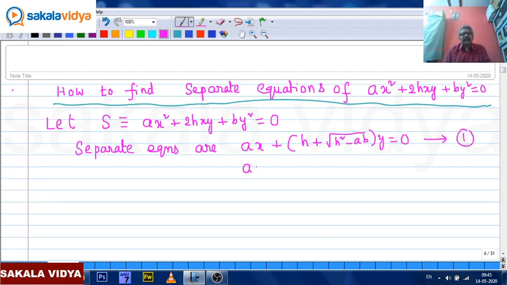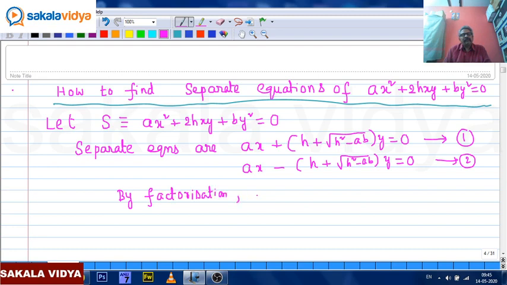The second equation is ax plus h minus root of h square minus ab of y equals to 0. Or simply by factorization we can find the separate equations.